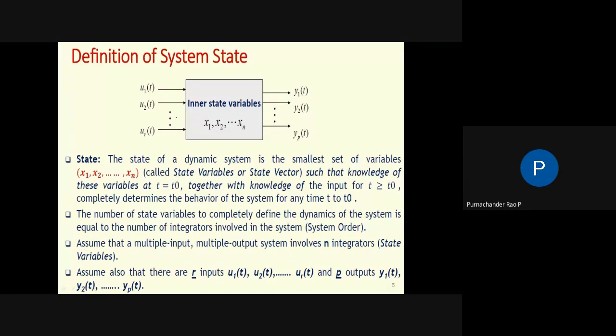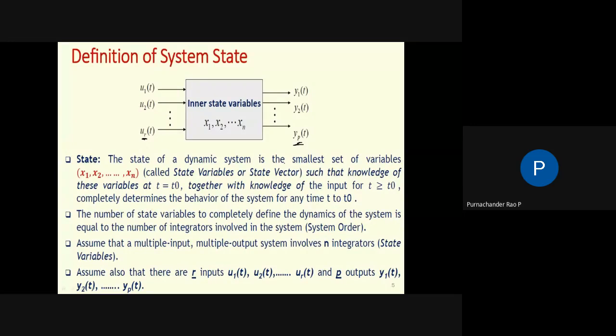So for this system there are r inputs and p outputs, so this is a multi input multi output system, and the system has n state variables. So what is the state?